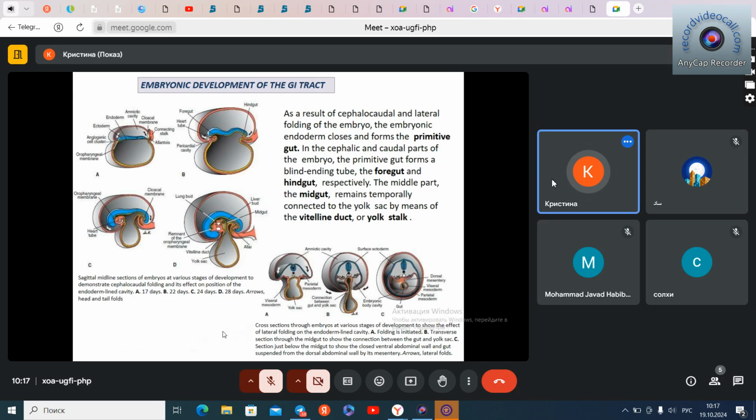Embryonic development of the gastrointestinal tract is shown in these pictures. Here you can see this process in the sagittal section of the embryo, and here in the frontal section.